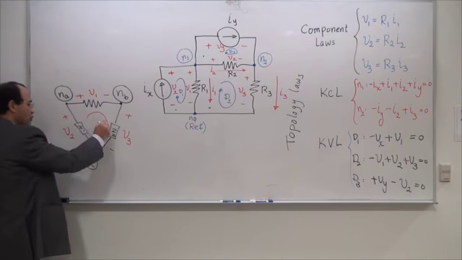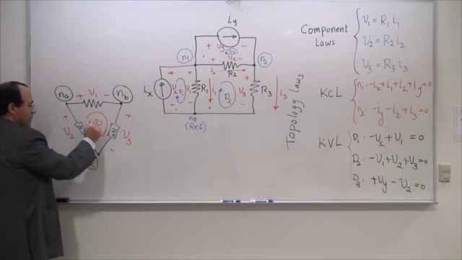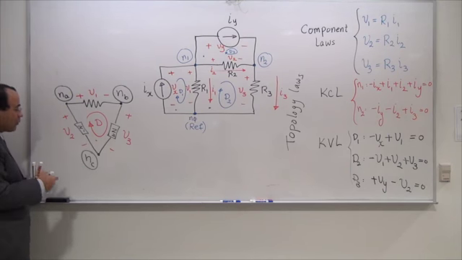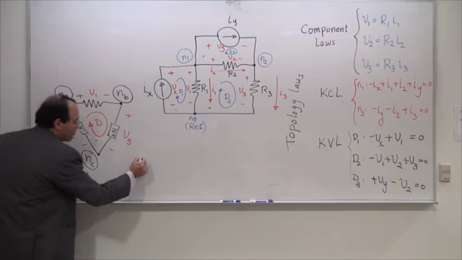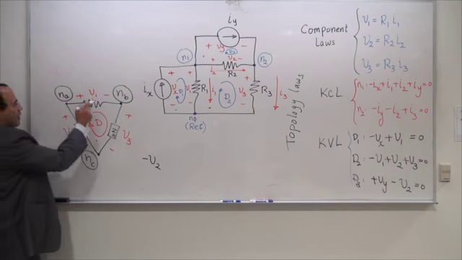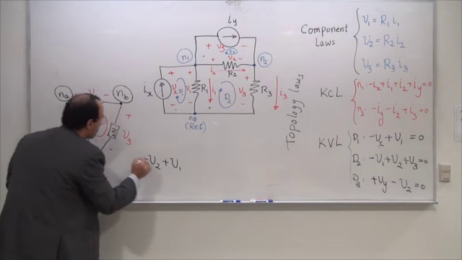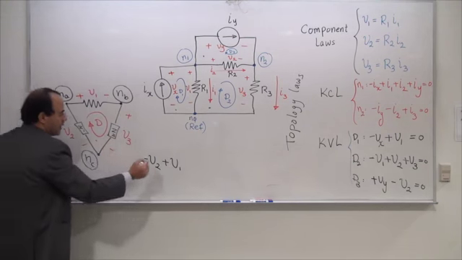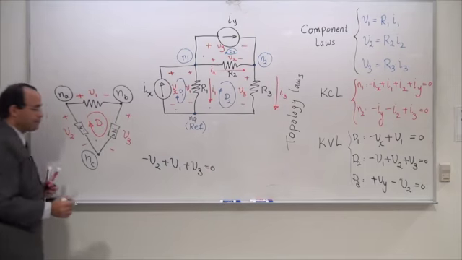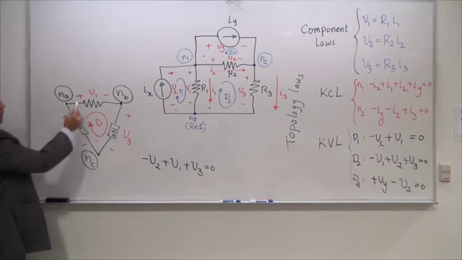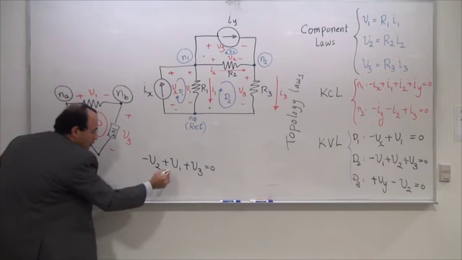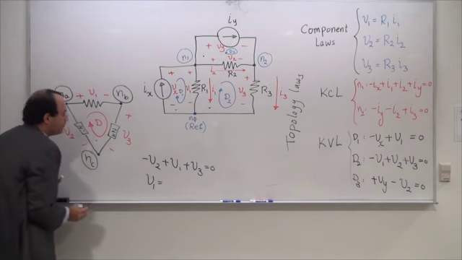In chapter 2, I'm going to assign a direction to this loop. If I begin from this end and start writing the equation, I'm going to have minus V2, because it hits the minus polarity first, plus V1, then plus V3 equal to 0. Now, if I wanted to see the relationship between V1, V2, and V3, I'm going to extract V1 from this equation.